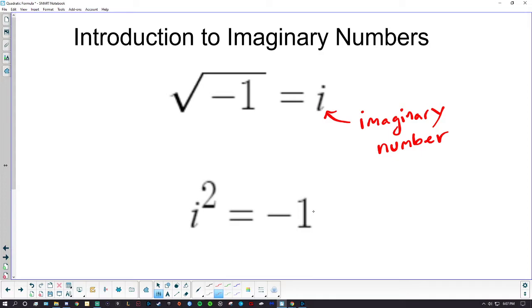Okay? So both of these are tools that'll help us simplify square roots that have a negative number in them. So again, square root of -1 is i. And we can also take into account that i squared is -1. Okay, we're going to use these 2 tools in order to do 4 problems together. So pause the video, get this all copied down so that we can do some examples together.